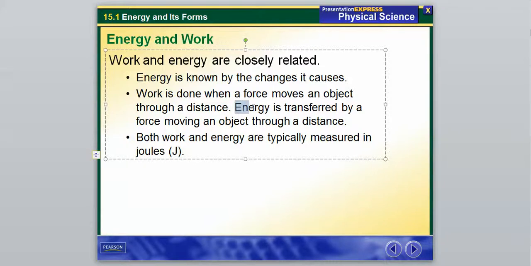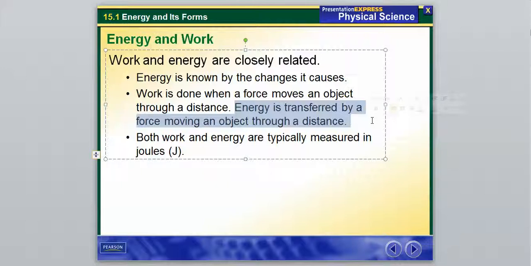In the last chapter, when we talked about when the weightlifter is doing work and when he is not, while he was doing work, he was transferring energy through the dumbbell or barbell, whatever he was lifting. So energy is transferred by a force moving an object through a distance. While work is being done on an object, energy is being transferred as well.